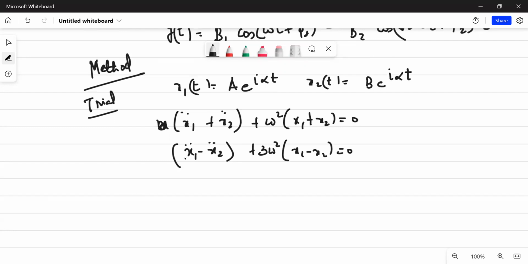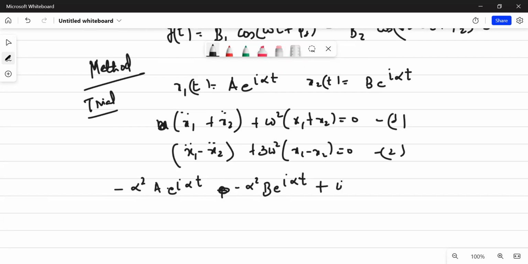Now, if I write x1 as a e to the power iota alpha t, what will I get? In the first equation I would simply get minus alpha square a e to the power iota alpha t, plus again minus alpha square b e to the power iota alpha t, plus omega square times a e to the power iota alpha t and b e to the power iota alpha t, equal to 0.